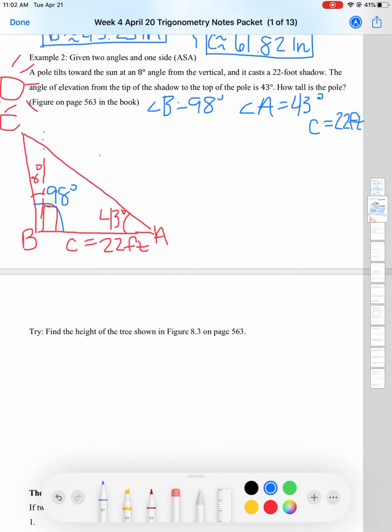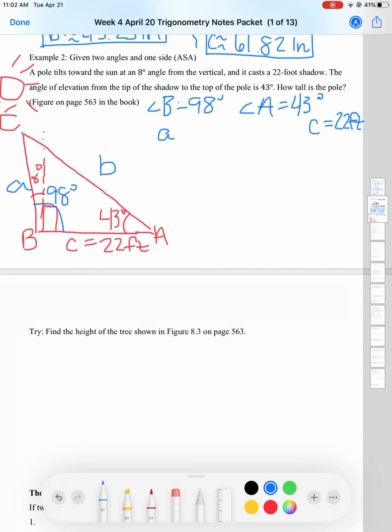So we need to find angle C, side B. Well, we don't even need side B. What we need is side A because it's a word problem, so we need to know how tall is the pole. To get that, we're going to need to use law of sines.